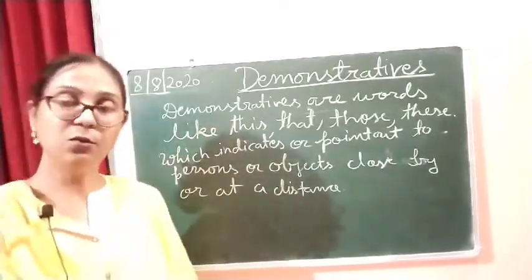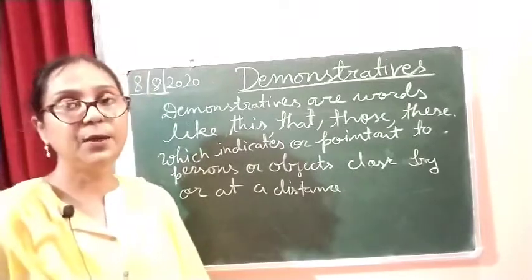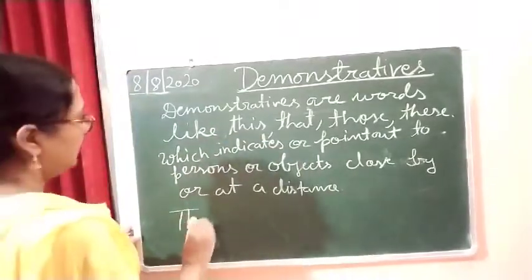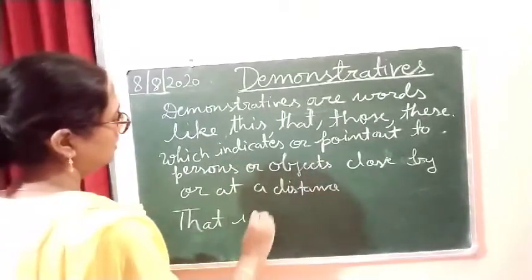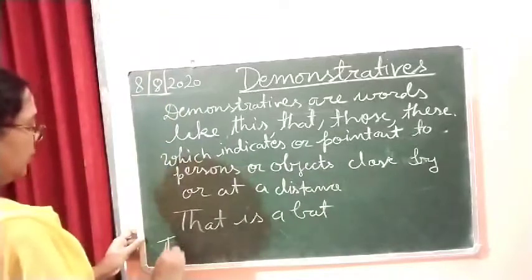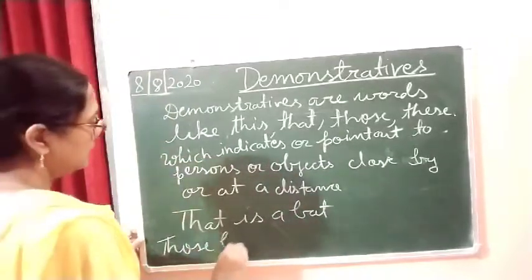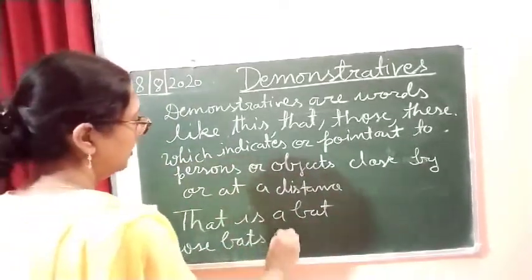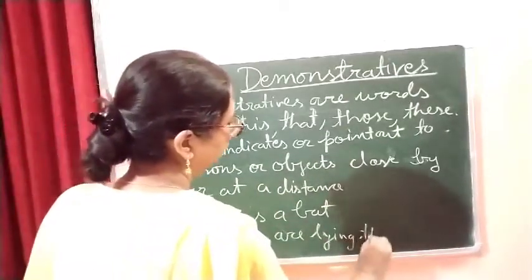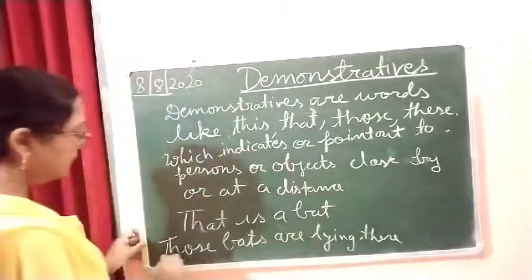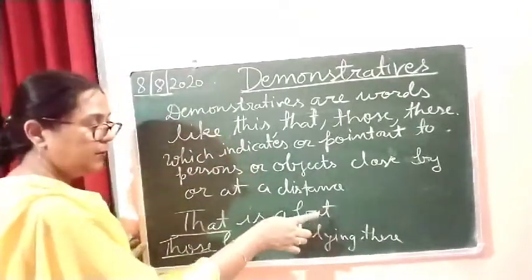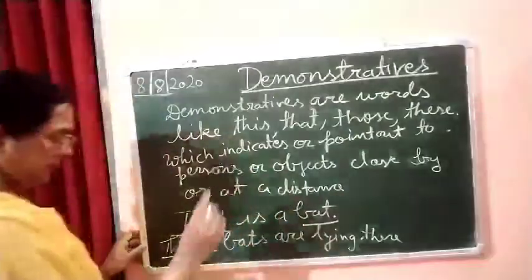Now this we have to always remember or always keep in our mind. Now if we write, that is a bat, or those bats are lying there. So here we are indicating a bat, because this is a thing.